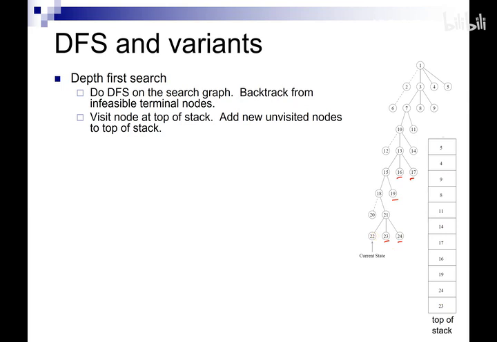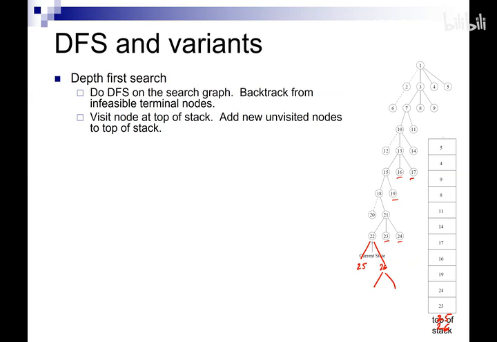And if we're currently at this 22, and suppose this guy has some more neighbors, let's say 25 and then 26, then we would put 25 and then 26 onto the top of the stack. Then we would pick the top of the stack, let's say node 26, and we would further explore.